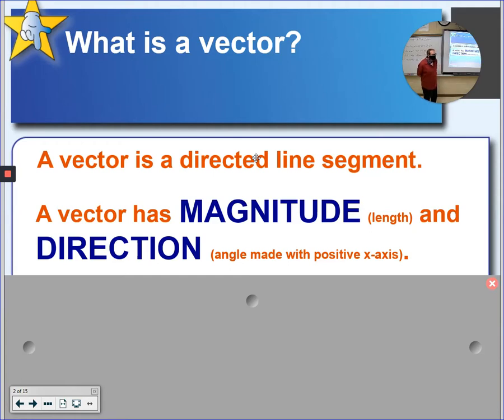So when we graph it, its magnitude is symbolized by the length of the line segment, and its direction is symbolized by the point of the arrow. And we can give the direction an angle if we set our positive x-axis as a starting point.